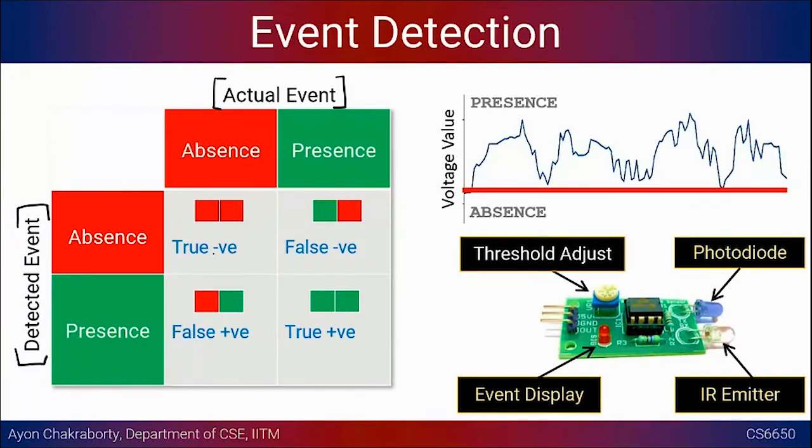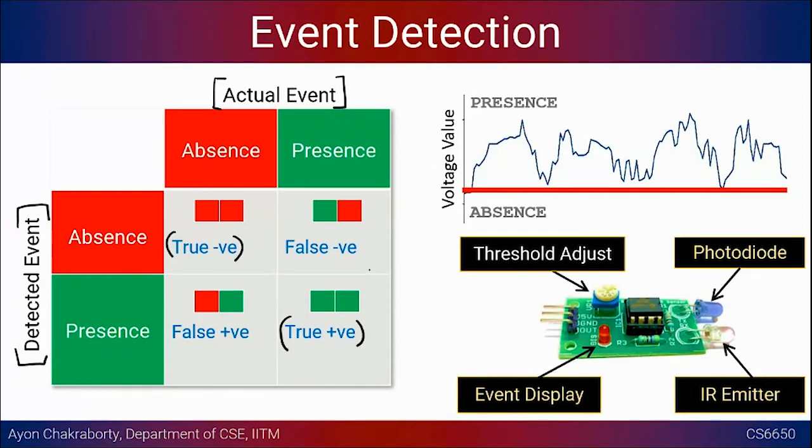True negative is when the person was not present, so it is a negative example, and I have also detected it correctly. So I have truly detected the negative case, hence it is true negative. And just the opposite for true positive: the person was actually present and my sensor was truly able to detect that. So it is a true positive case.